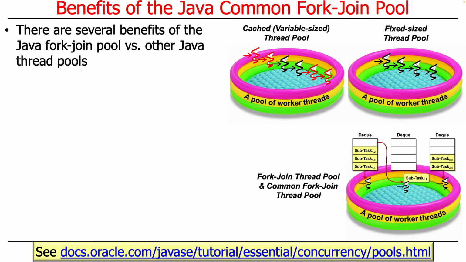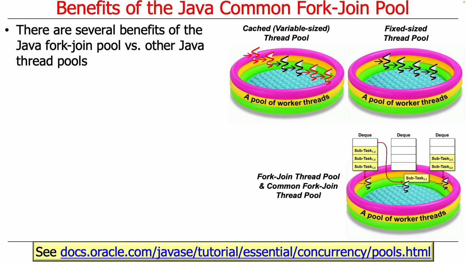Or else, I will create a new thread and run the computation on that. After that thread is done with the computation, I will keep it around for up to 60 seconds before I terminate it. So that's what a variable size thread pool is. It can grow and shrink as the workload increases or goes away.